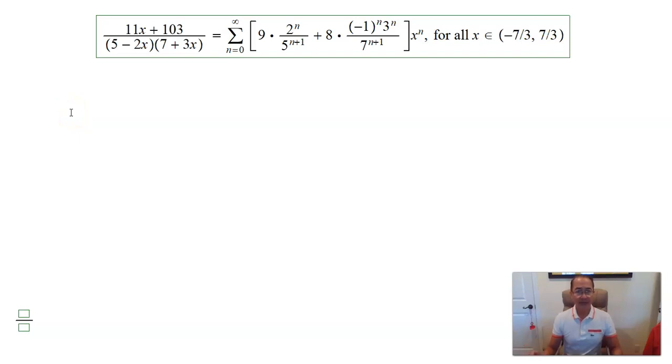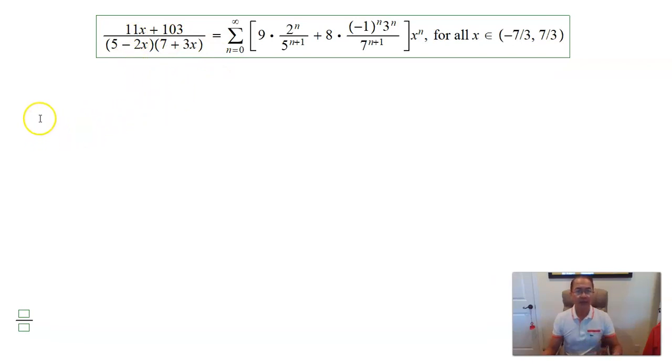Okay, so if you didn't have an answer key, how will you know that this representation is correct? Well, we can check in GeoGebra that if we take a partial sum, let's say, of 3 non-zero terms, then the graph of the partial sum will be very close to the graph of this function.